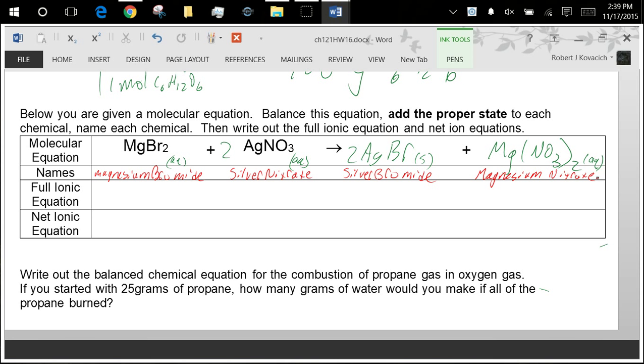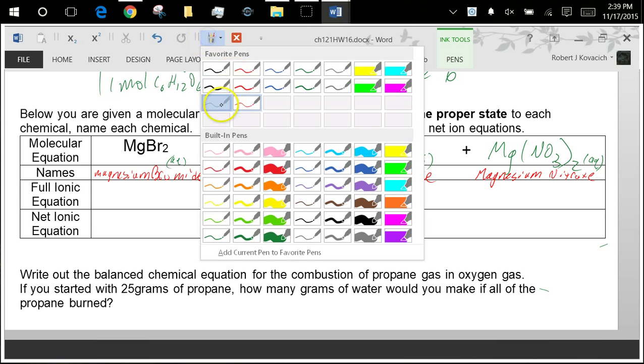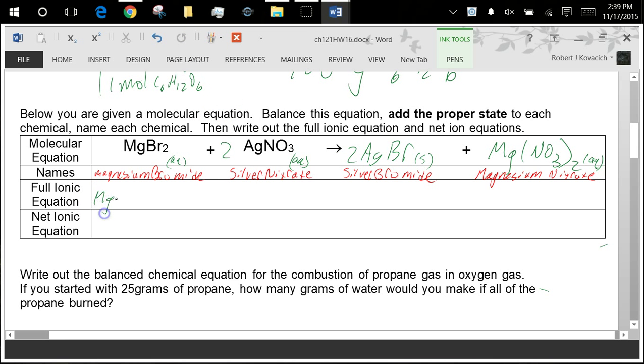So the full ionic equation, what does it look like for the first part? Mg. That it? Just an Mg? Solid. Absolutely not. My bad. Is it Mg?